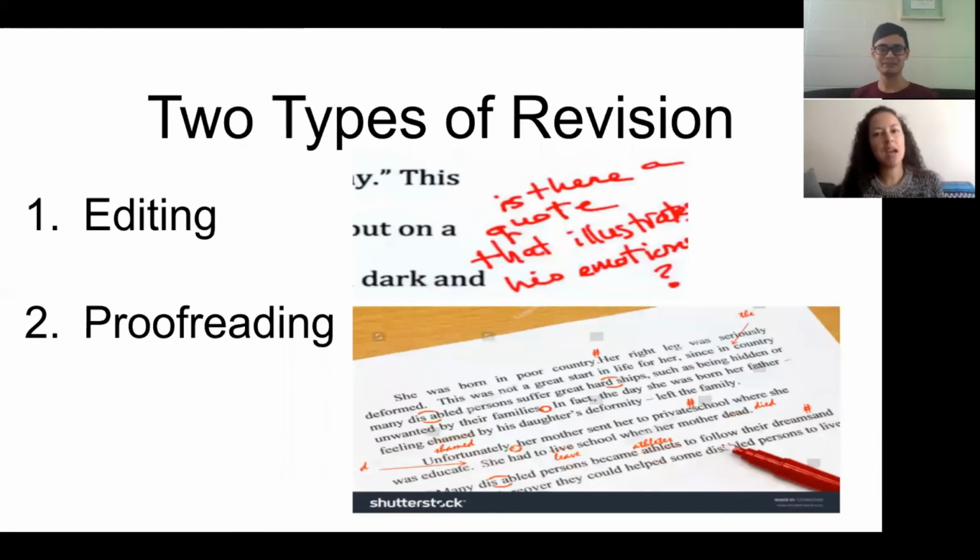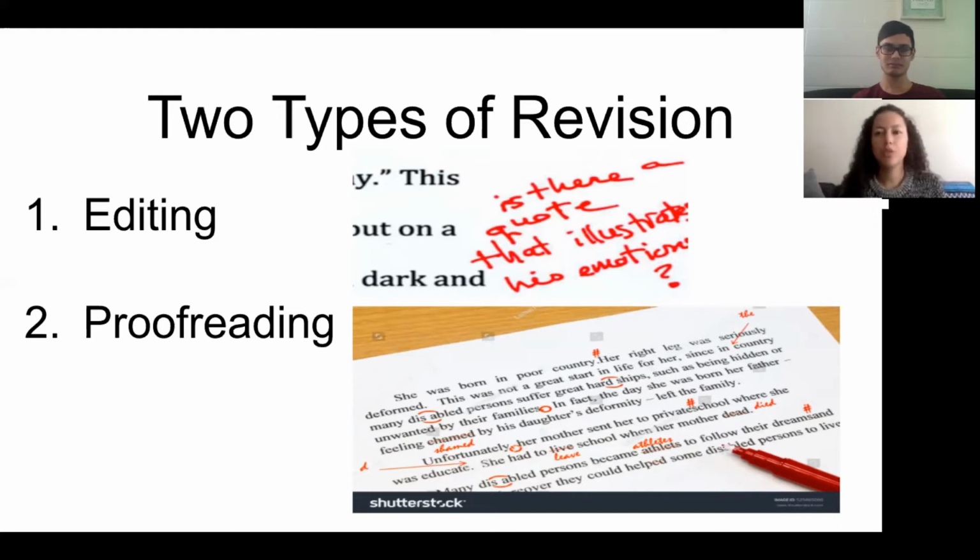So I got two types of revision. You have editing and then you have proofreading. In your editing stage, which we'll talk a bit more in detail, I'm just going to give you a broad explanation. You want to go through your paper and check for grammar mistakes, punctuation mistakes, and overall look at your organization. And with the proofreading, you want to dive in deeper.